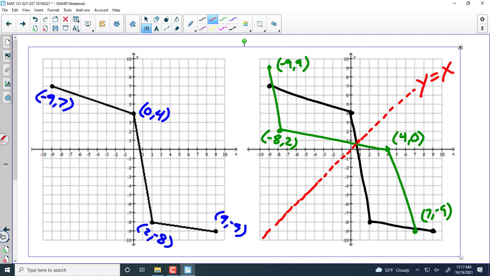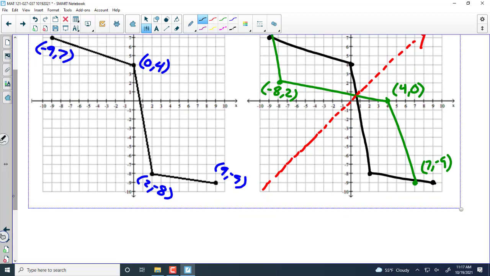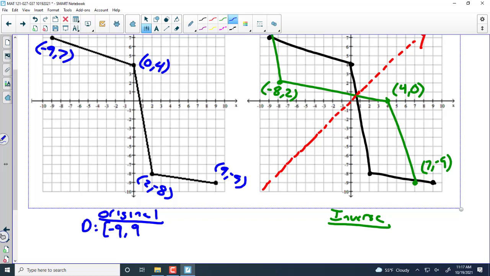Not only that, but we can write down the domain and range of both the original and the inverse. And what's cool about this, everyone, is you can actually just do it by looking at the original. The original has a domain of -9 to 9 and a range of -9 to 7.